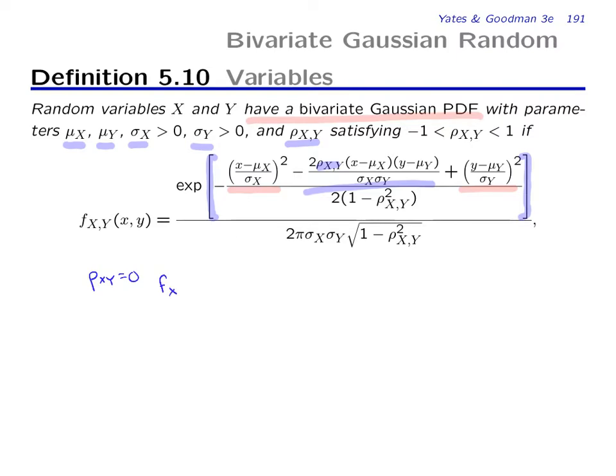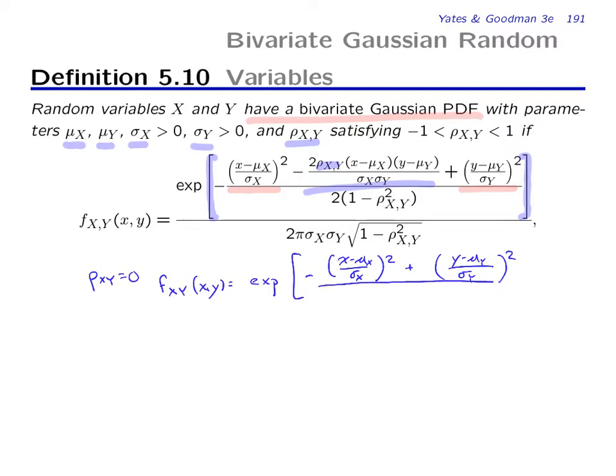In this case, the joint PDF of x and y, the big exponent becomes this: x minus mu x over sigma x, squared, plus y minus mu y over sigma y, squared.